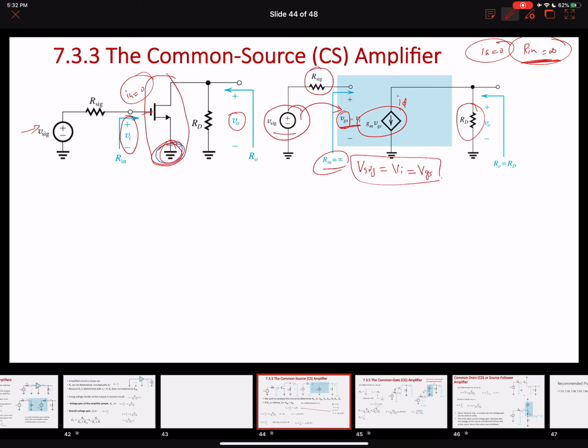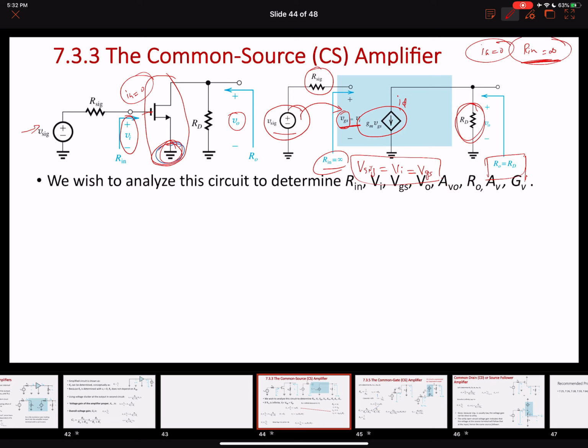Then our output resistance can be very easily seen over here. When I look into the transistor from the output terminal, the resistance that I see is RD. So my output resistance equals RD.